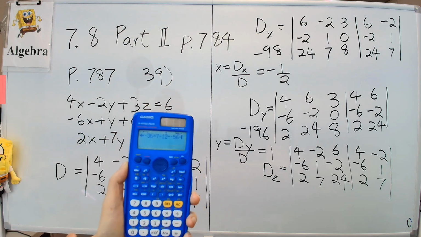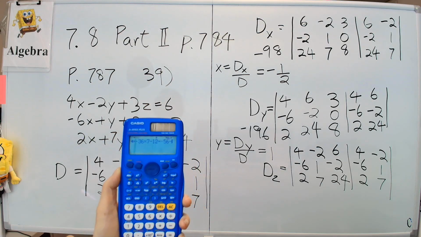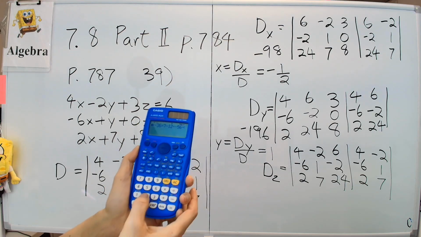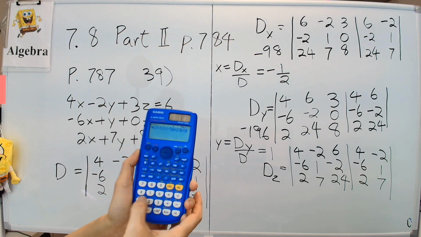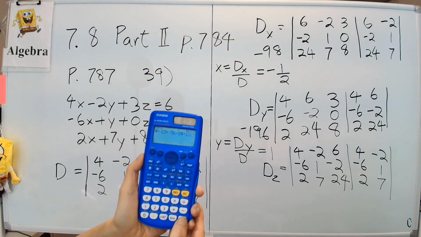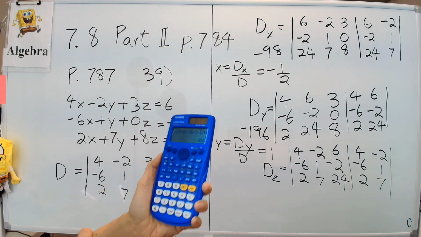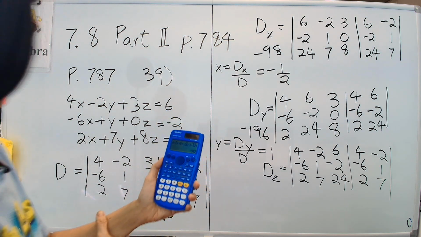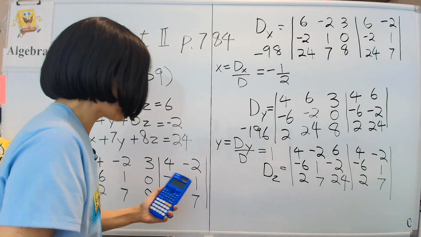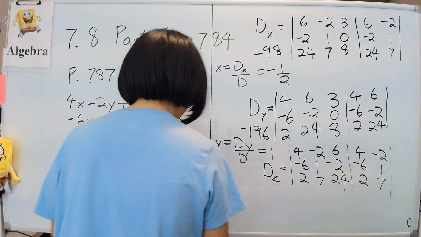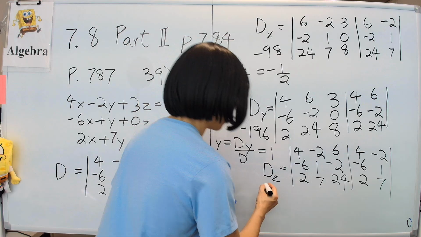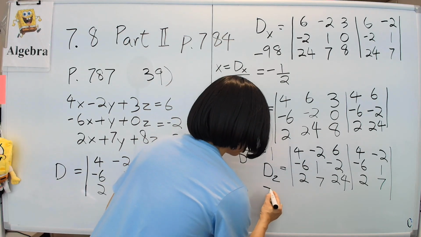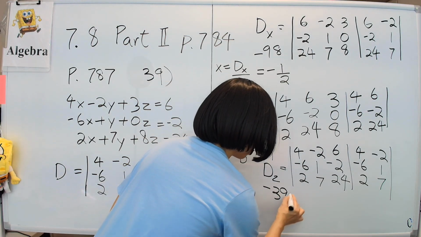Next, the last one to subtract is 24 times 12, right? 24 times positive 12 times 2. Yeah, so I got, what is that? 392. Okay, that might be okay. So I got dz equals negative 392.